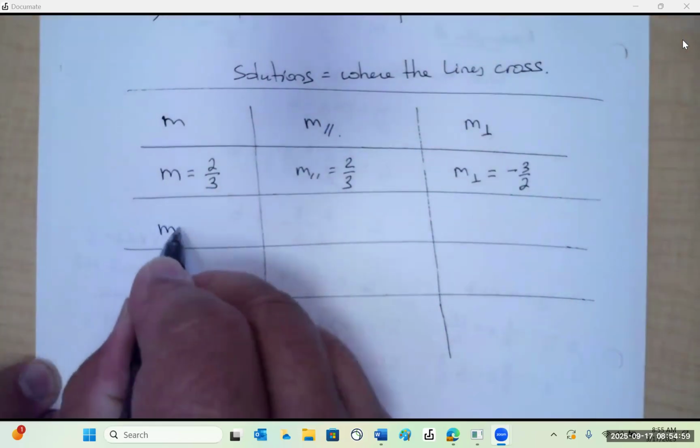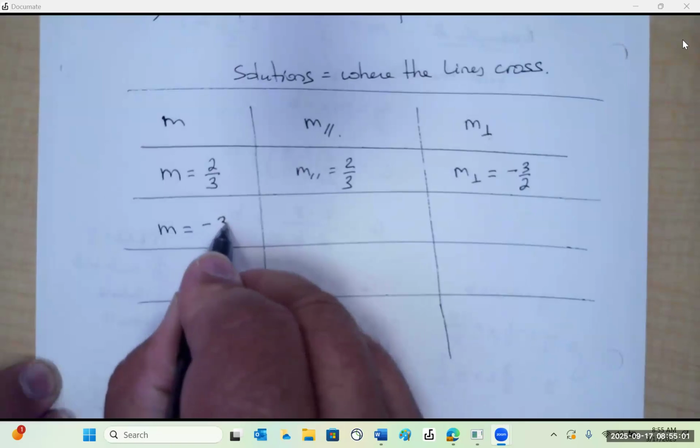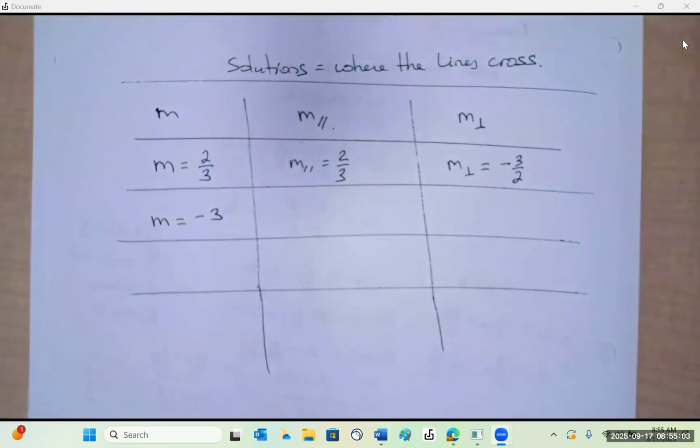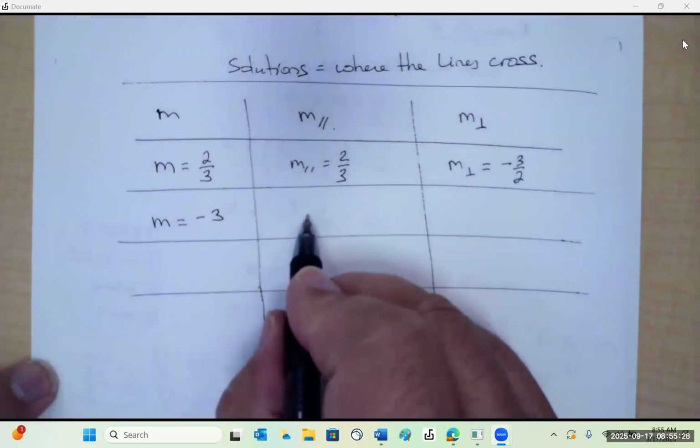Here's number 2. What's the slope parallel to that?